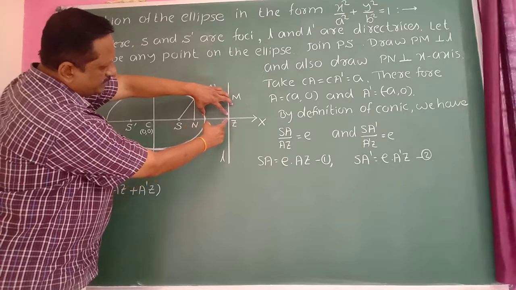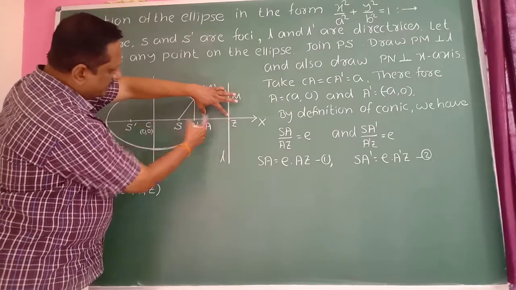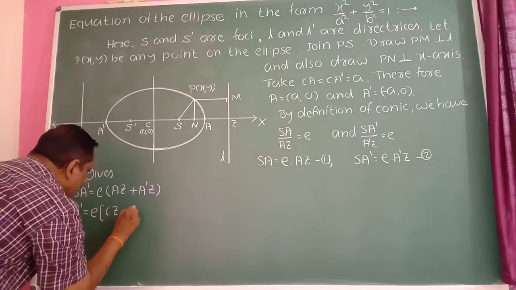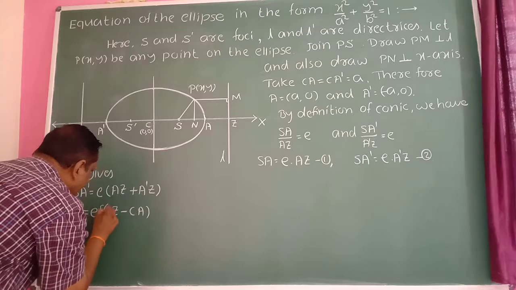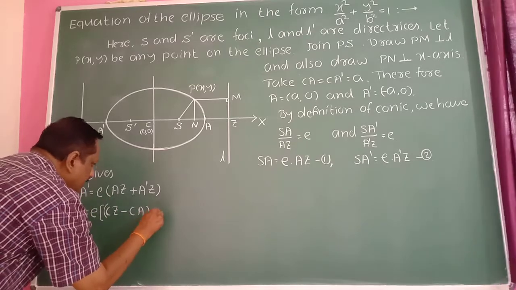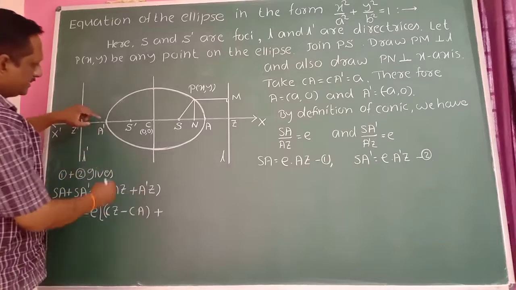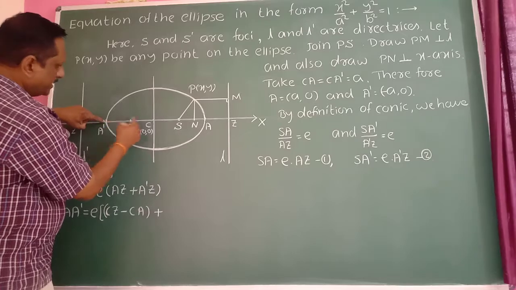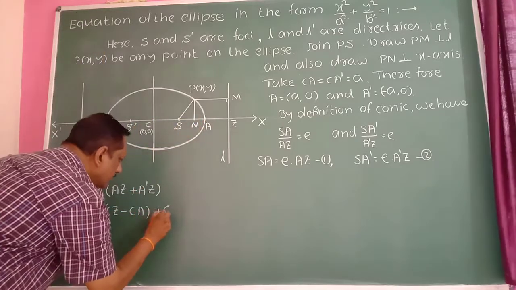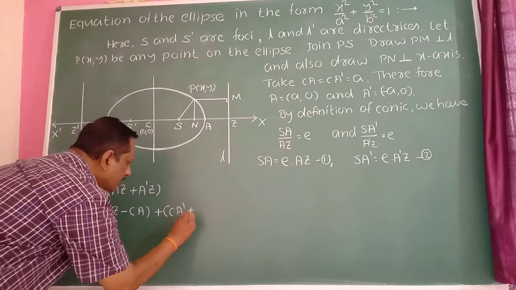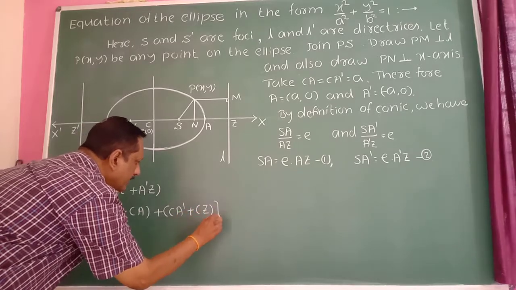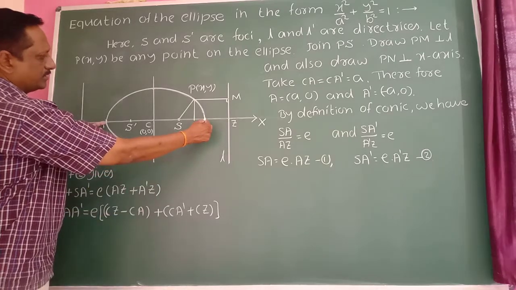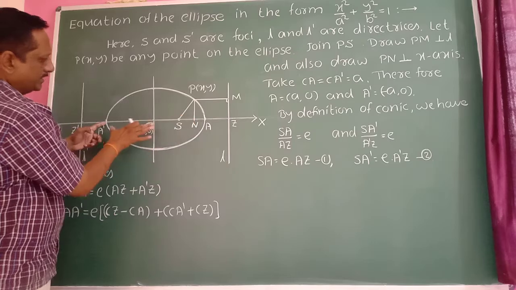From the diagram, AZ can be written as CZ minus CA. Then plus A dash Z. Total this distance can be written as CA dash plus CZ. A dash total length is 2a, because this is a and this is also a.